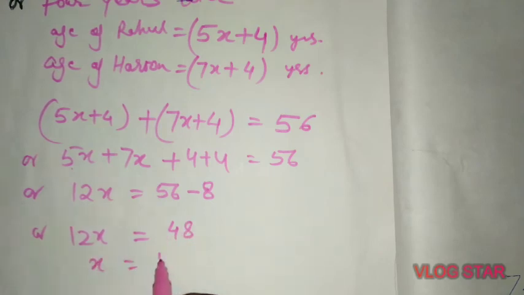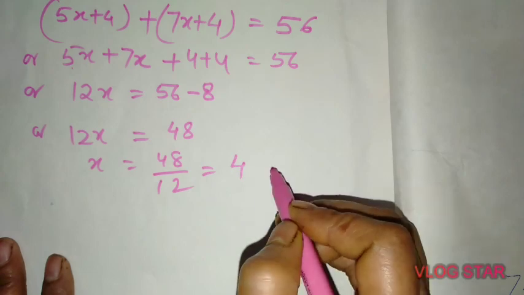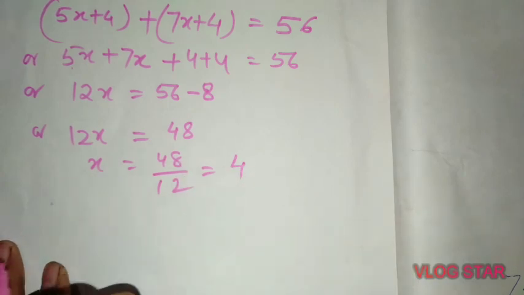Then x is equal to 48 upon 12, which means 4, since 12 fours are 48. So x is equal to 4.